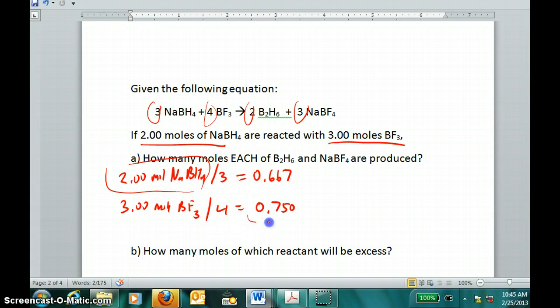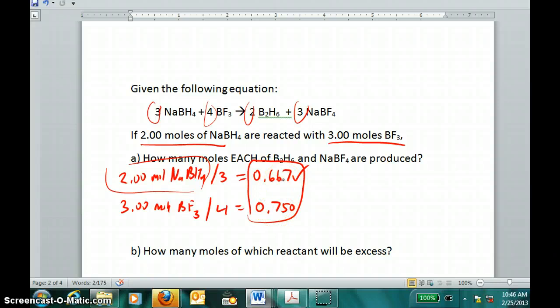Now, if I compare the numbers that I get, the smaller of the 2 numbers will be the limiting reagent. In this case, my first reactant is limiting. So get moles, divide each by its coefficient, compare the values, smaller value is the limiting reagent.